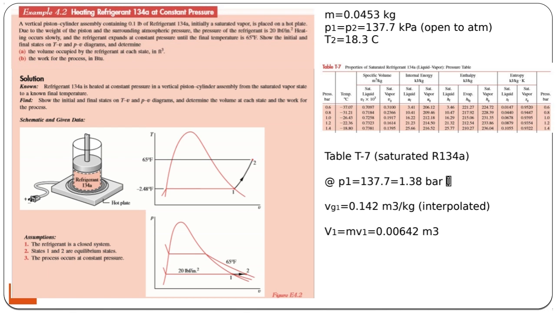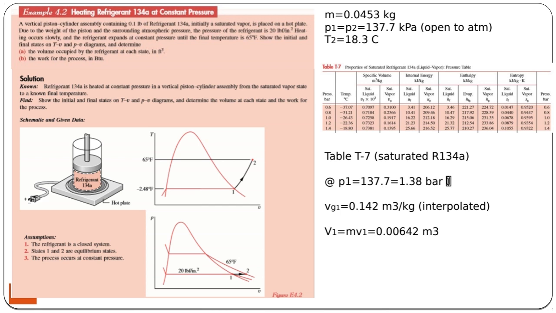In the beginning, the cylinder piston system has R134A, which was in the phase of saturated vapor. It's heated to a temperature of 45 Celsius. Let me put it in SI units because the problem is given in IP units.